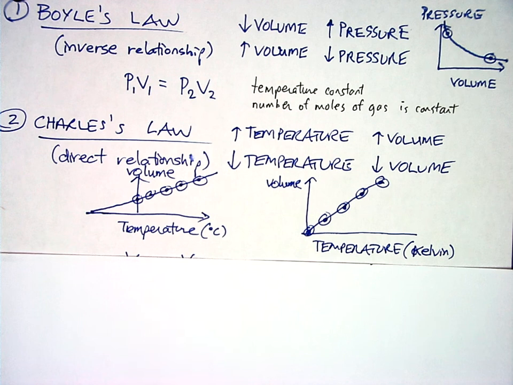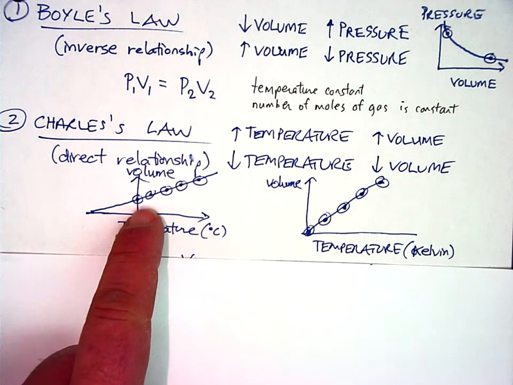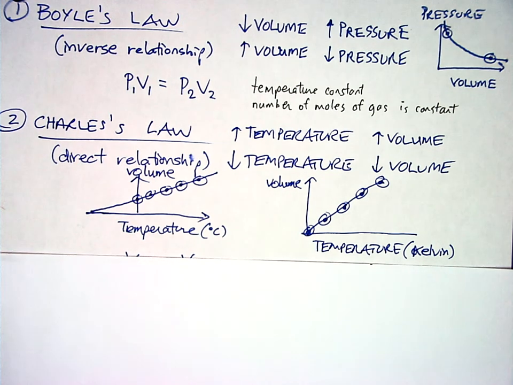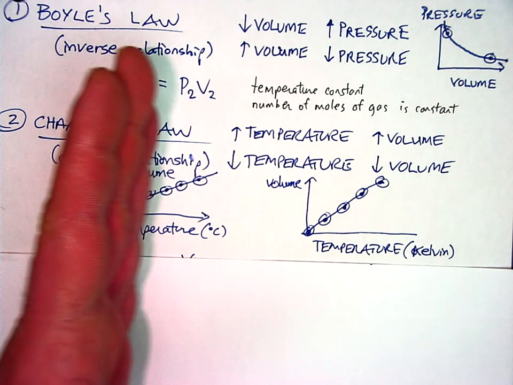In order to make it directly related, so we have a nice little formula where we don't have an intercept, we go back and start our axis at the lowest possible temperature that we can have, which happens to be 0 Kelvin or absolute zero. So we adjust our scale to absolute zero.